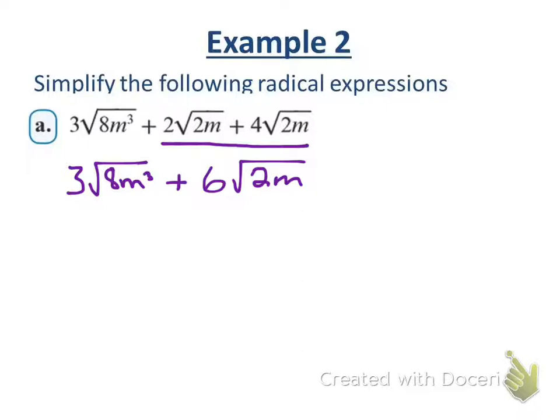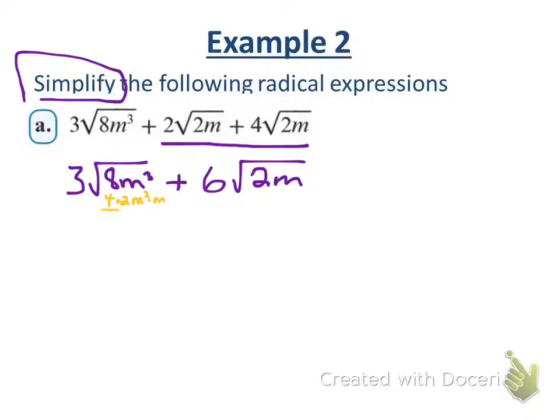Now, is this simplified? Well, y'all are saying no because I asked the question. No, it is not simplified because of the 8, because 8m cubed has perfect squares in it. So we have to be careful, right? 8m cubed, we could break it down into 4 times 2 times m squared times m.